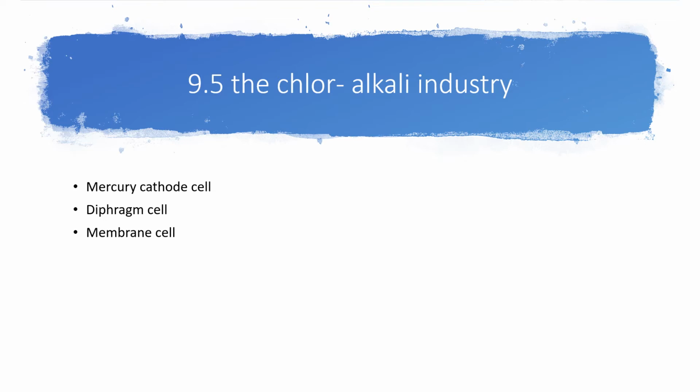We continue with 9.5 in your book, the chloralkali industry. There are some chloralkali processes. The first is the mercury cathode cell, and then the diaphragm cell, and the membrane cell.